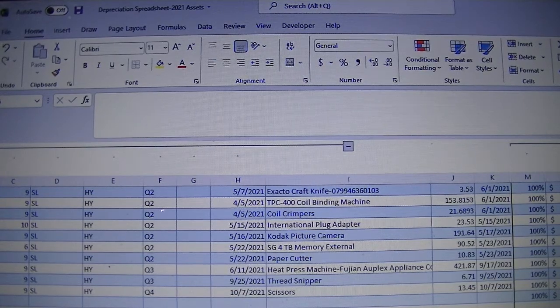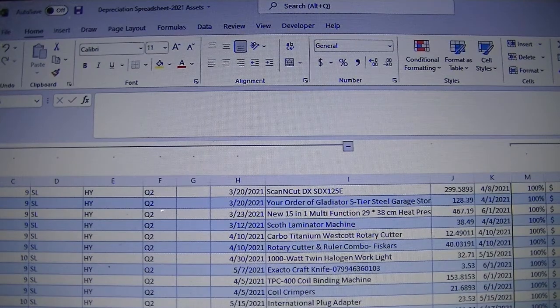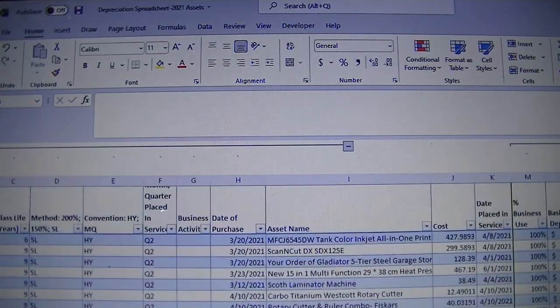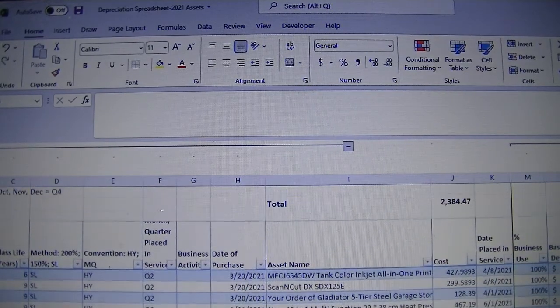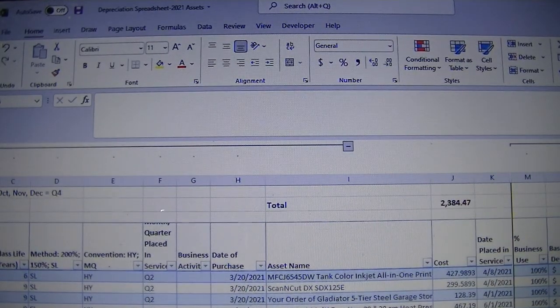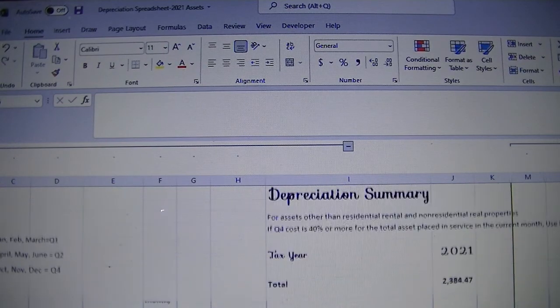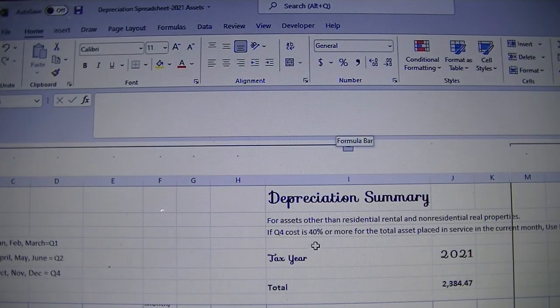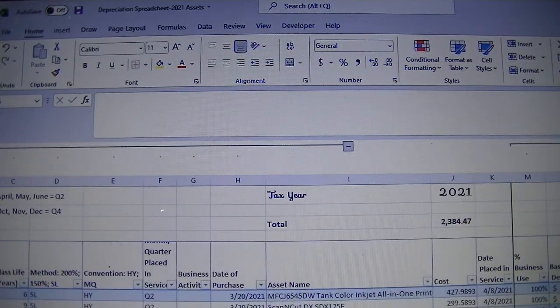If they are placed in service during quarter 4, you will use mid-quarter convention in your depreciation calculation. So yeah, that's 40% or more. So I try to avoid that.